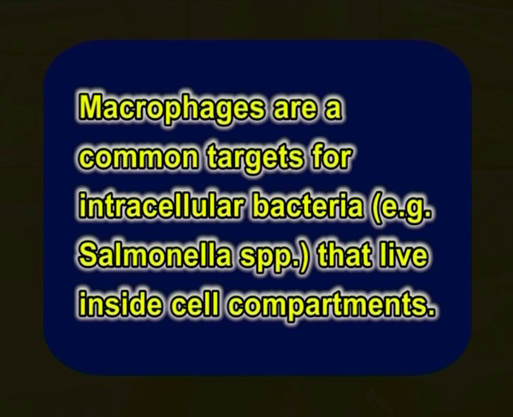Some bacteria engulfed during phagocytosis avoid the killing mechanisms of the phagocyte to survive inside the cells. Macrophages are a common target for intracellular bacteria, for example Salmonella species, that live inside the cell compartments.